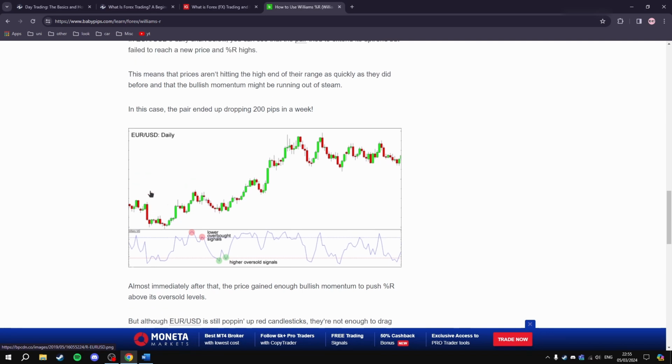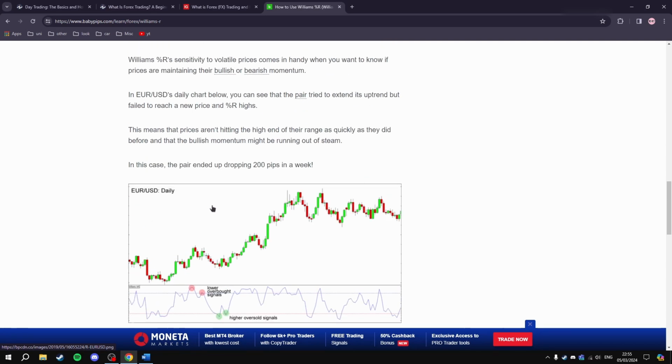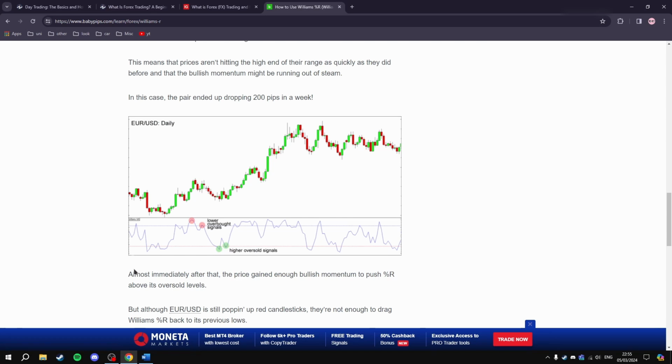Wait, that's this bit here, isn't it? The pair tried to extend its uptrend, so like this bit here, but failed to reach a new price and percentage R highs.